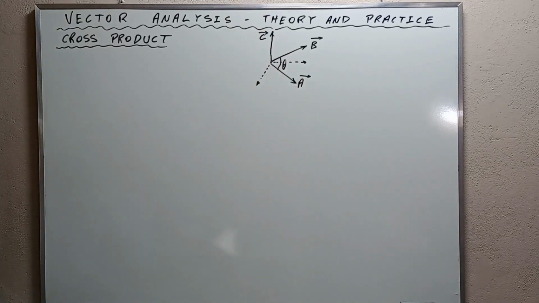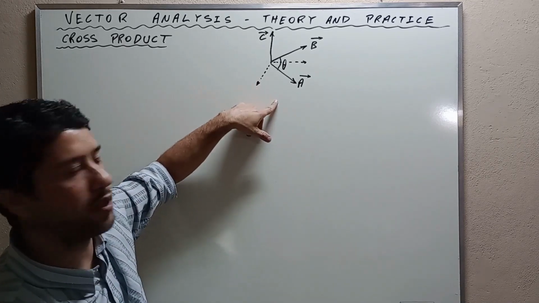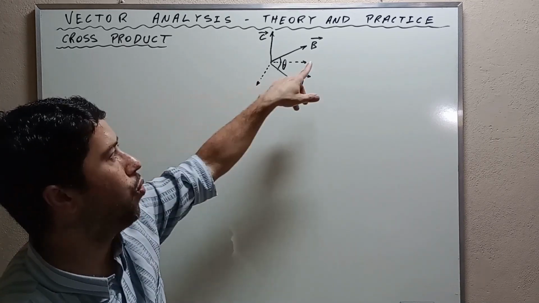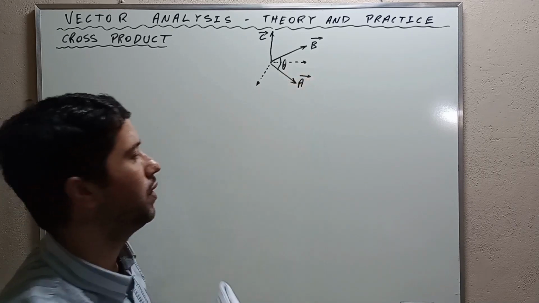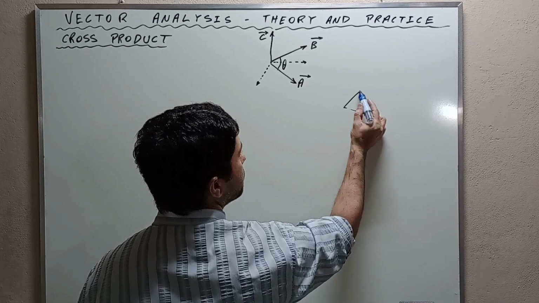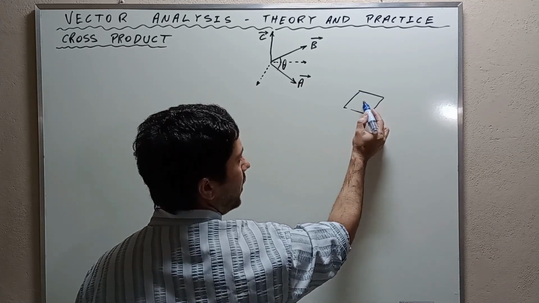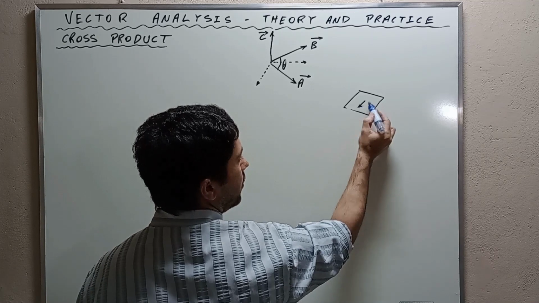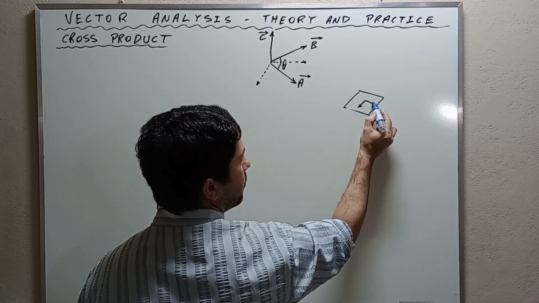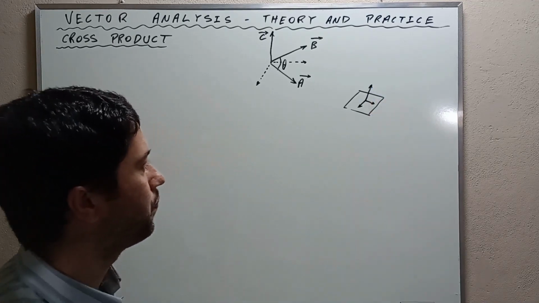Then C will be, if the plane containing A and B is the XY plane, okay? The XY plane here, then if X is this and Y is this, Z is going to be this, okay?